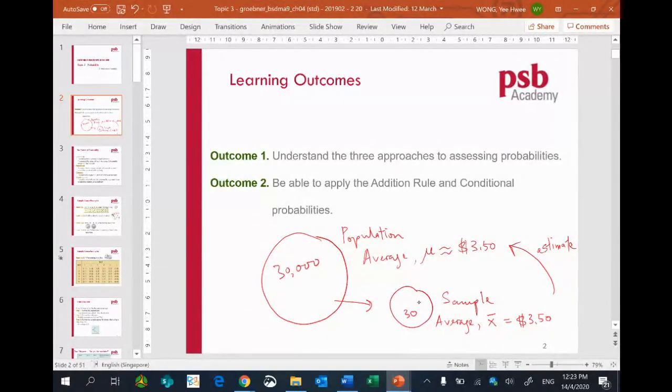So if it's not exactly $3.50, that means there is a plus and minus. Maybe it's around there. Maybe this number is a little bit bigger or a little bit smaller, maybe from $3 to $4.